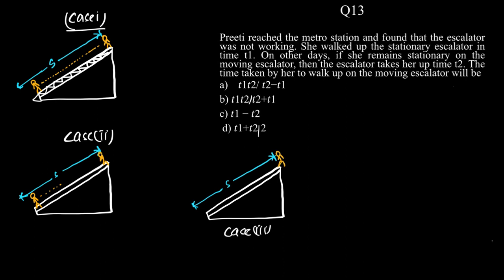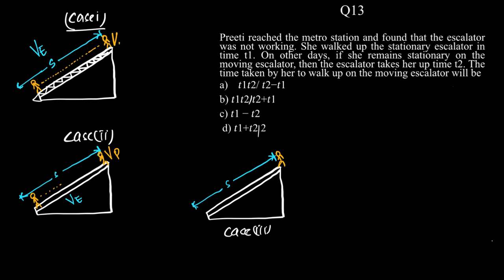Now let me denote the velocity of the escalator with Ve, and the velocity of the person, Preeti, with Vp for better clarity.